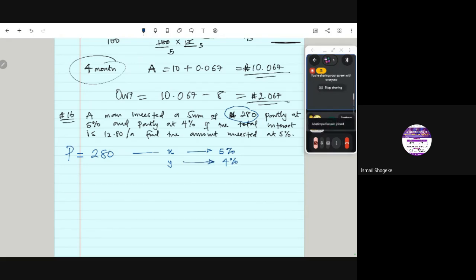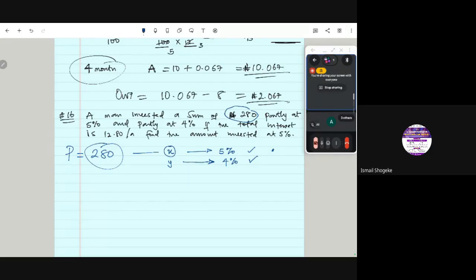Now, he invested 5% partly, he invested 4% partly of this amount. He was able to generate a total interest of 12.80. So the total interest he generated from the X and Y is 12.80. So you have to find the amount he invested at 5%. So how much did he invest on this 5%? That's the X. Do you understand? That's what we have to find. We have to find X.